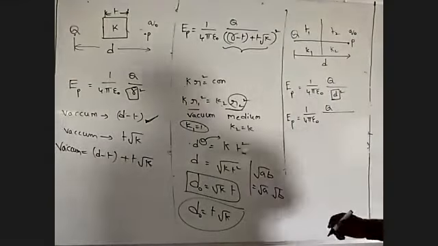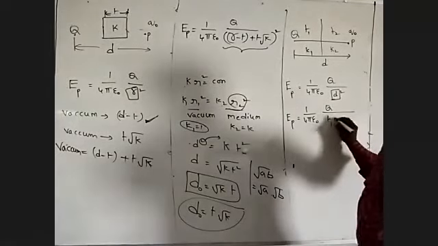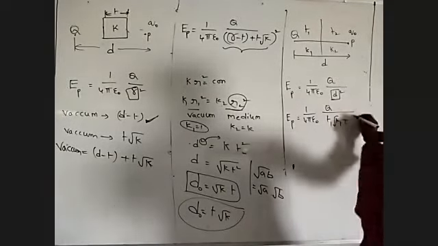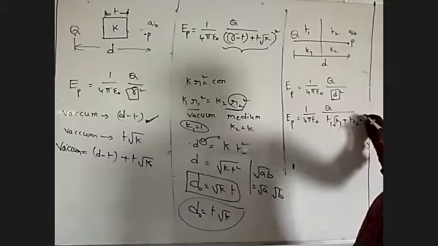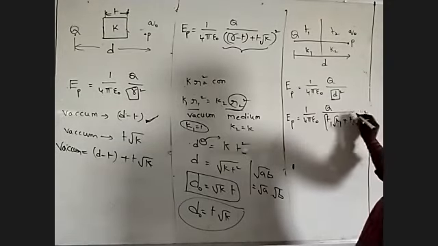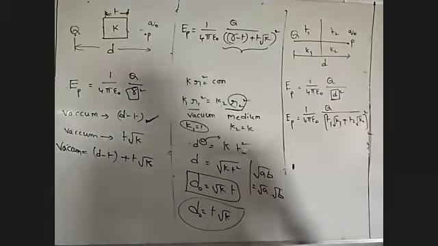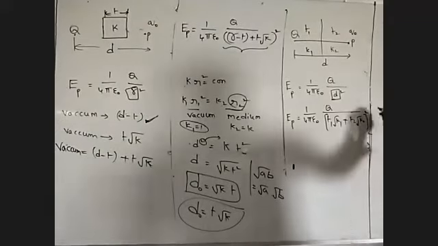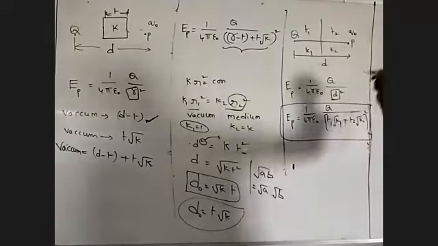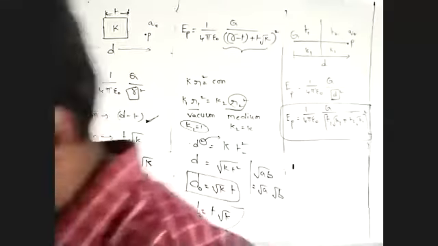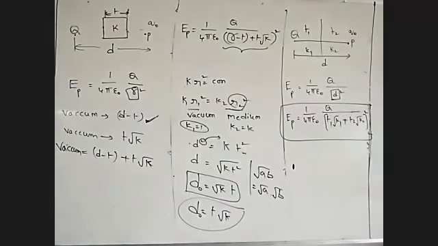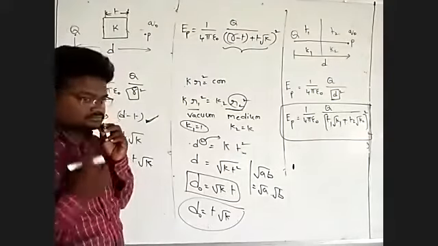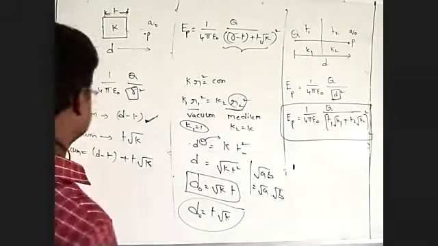First part is T1 root K1 plus second part T2 root K2, whole square. That is your answer. These are very important points. Keep in mind. Next one.